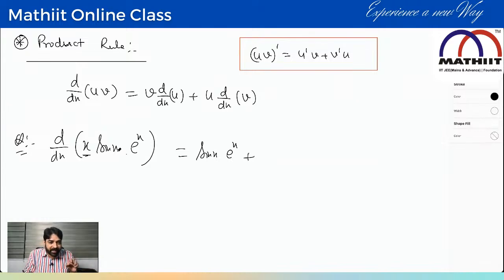Plus differentiation of the next into rest: sine x differentiation is cos x, into x into e power x. Plus this differentiation into rest: the e power x differentiation is e power x itself. So e power x, x sine x.